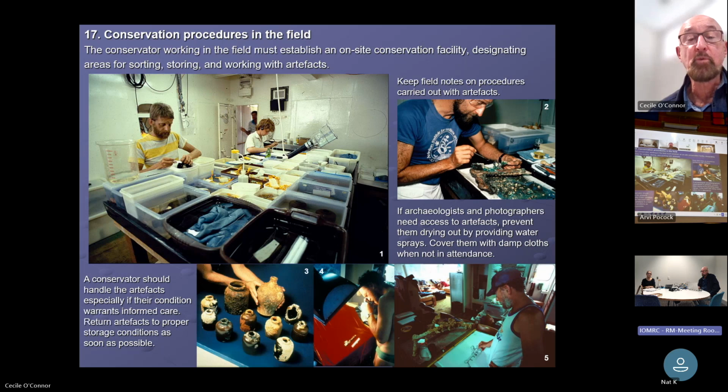We don't often do work in the field, but if we're in the field for 6 weeks, then you might want to start some conservation work, as long as you're the person who's qualified to do it, and you make sure you document everything you do, because someone else may take that over, and there needs to be a record of everything that's done. Also, the archaeologists may wish to draw or photograph things, and in that case, we give them water sprays. That can be seawater. And we simply keep the objects wet while they're exposed outside of their storage water tanks.